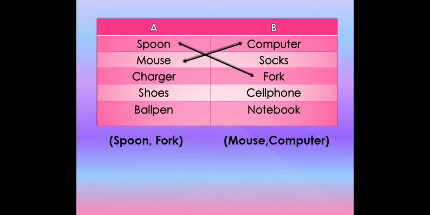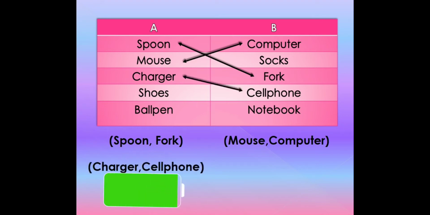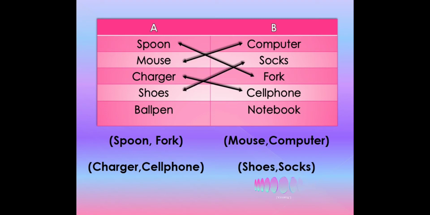Third one? That's correct. Charger and cell phone. Next is correct. Shoes and socks. And the last one? Very good. We have ball pen and notebook.